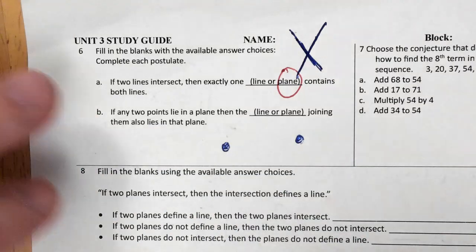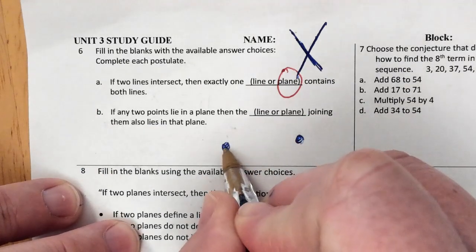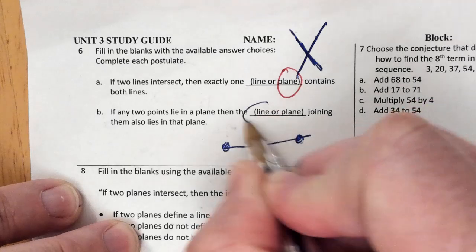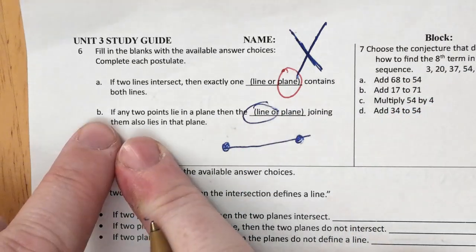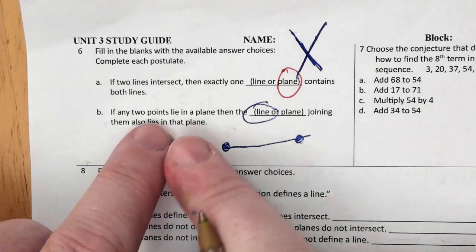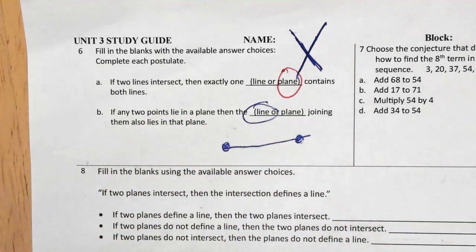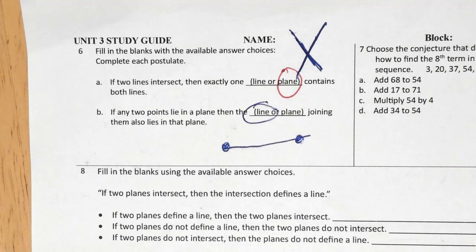So something's going to join them. How do I join these two? I just draw a line. Oh my gosh, it's a line. There you go, so there's your answer. Notice that I just read a couple of words, I drew it, I read a couple more. Every time I read something, I immediately start drawing it because I have no idea what's going on. Little by little, it'll start making a little more sense.